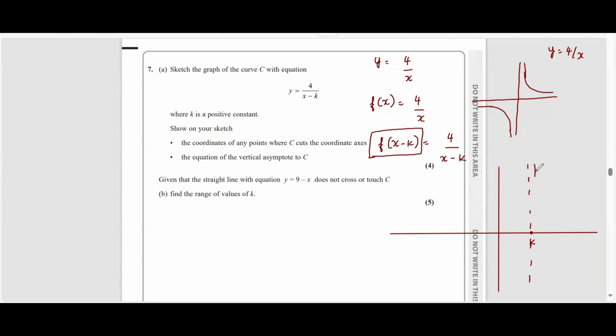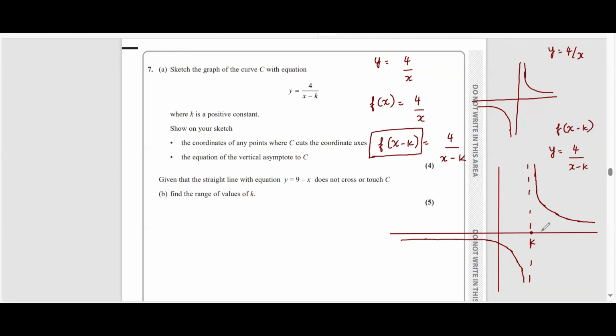So now your graph will be in the first quadrant and the third quadrant here. This will be the graph of y equals 4 over x minus k. This is basically f of x minus k.